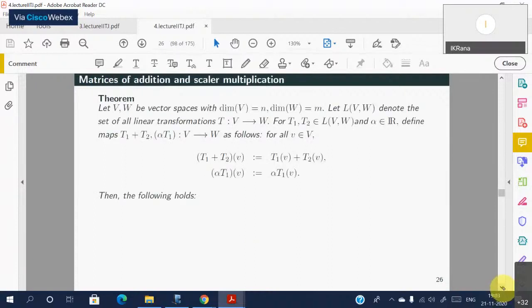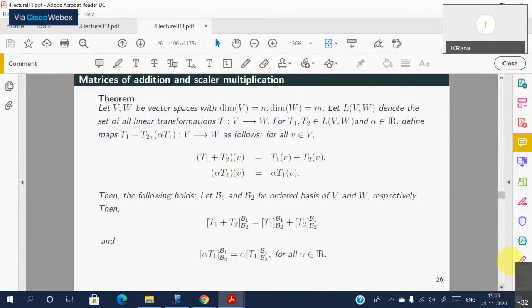I will not go into all of this because they are all standard things. If T1 and T2 are two linear maps, then the sum of them is again a linear map. A scalar multiple is again a linear map, and you can write down the matrix representations.